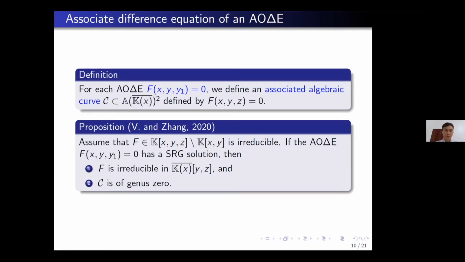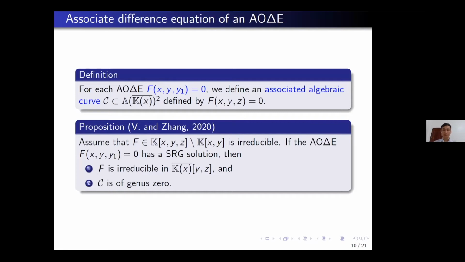And we prove that if f is irreducible, and if the AODE has a strong rational general solution, then we can conclude that f must be absolutely irreducible. That means that it is irreducible when we consider it as a polynomial in y and z with coefficients in K(x) bar.